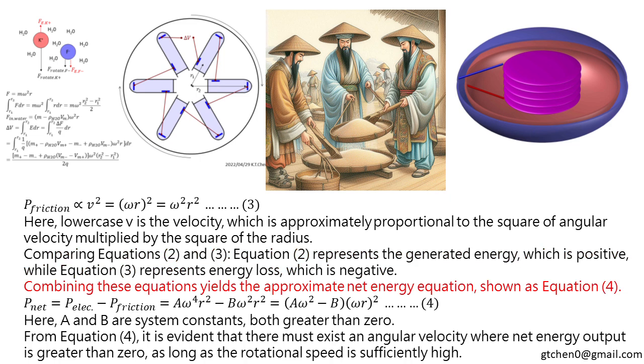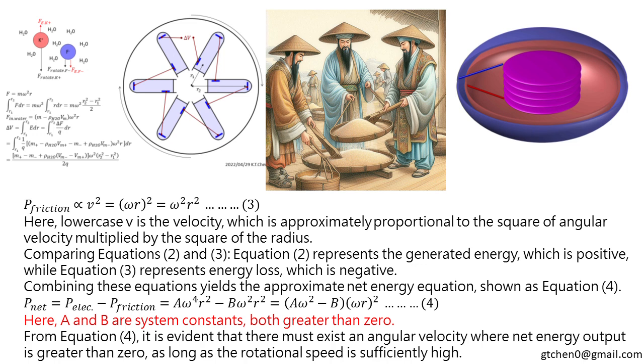Combining these equations yields the approximate net energy equation, shown as equation 4. P_net equals P_elec minus P_friction equals Aω⁴R² minus Bω²R² equals (Aω² minus B)(ωR)².